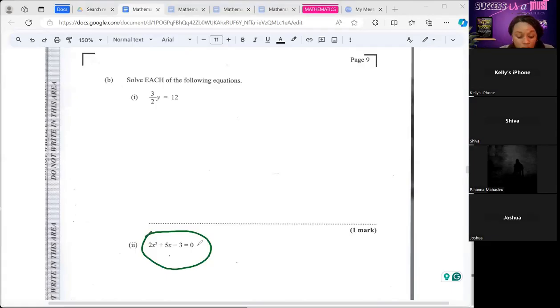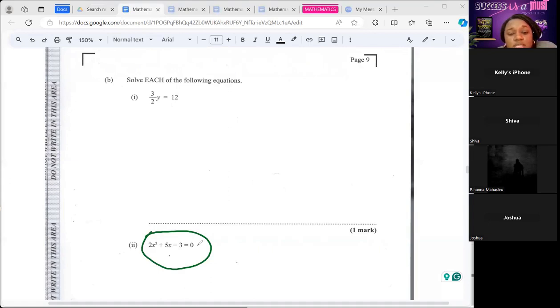Some people left it out, but I was like, what? The quadratic formula is on the paper, on the formula list. I saw some people use the factorization method, some use the formula. If somebody tells me to use the formula, I'll do that.